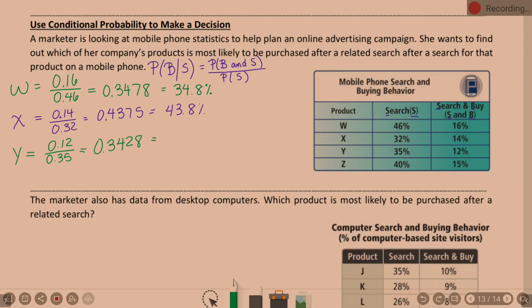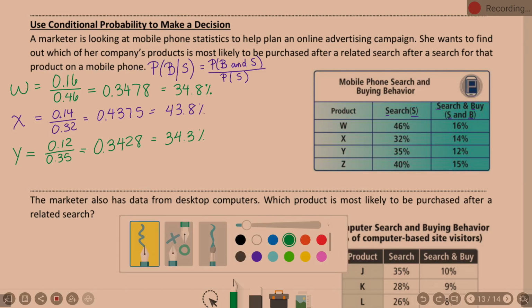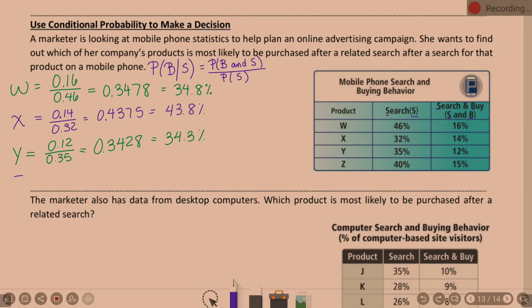What does this become to one decimal place? 34.3. Okay. And product Z. Probability it was bought and searched? 15% divided by probability it was searched, 40%.